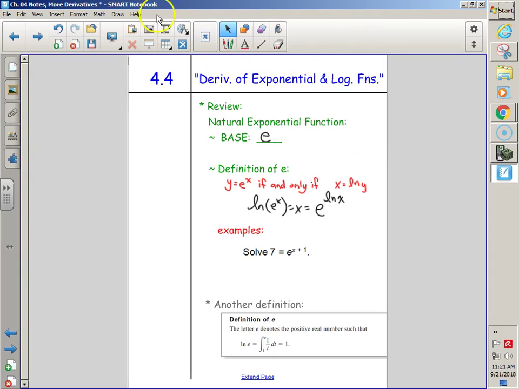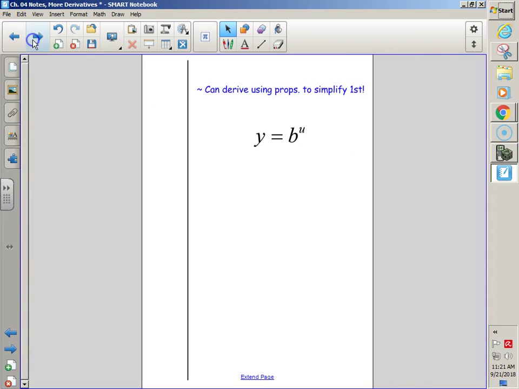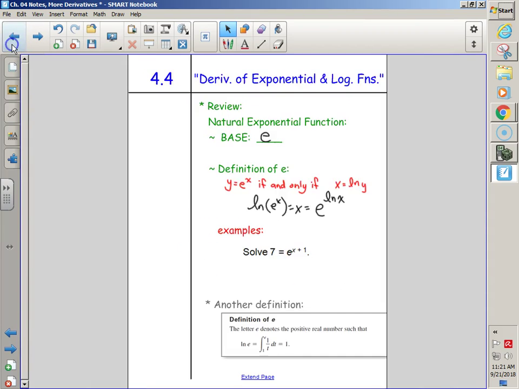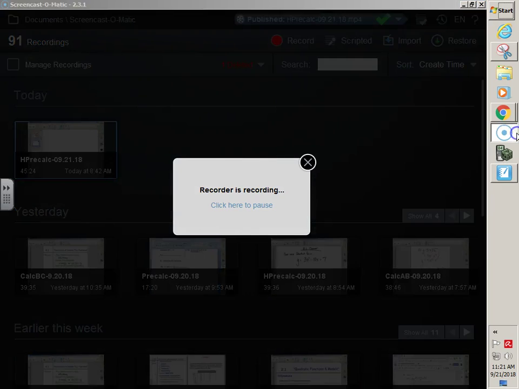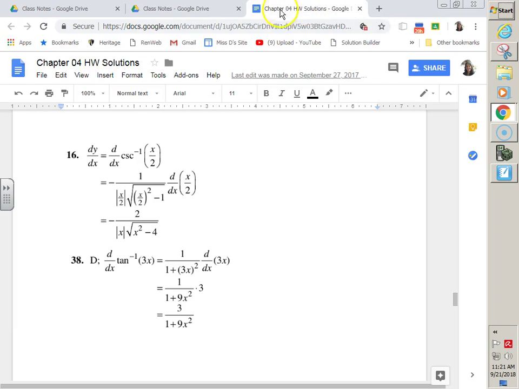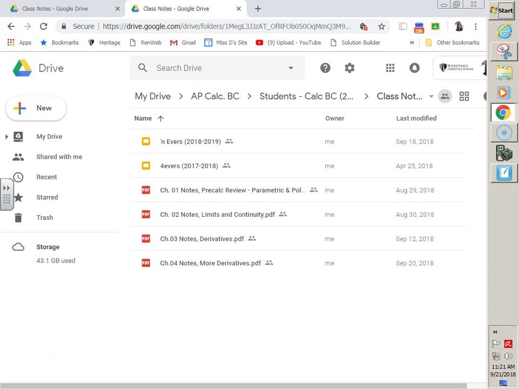All right, notes open. Derivatives of exponential and logarithmic functions. Done with the book, done with the homework solutions.